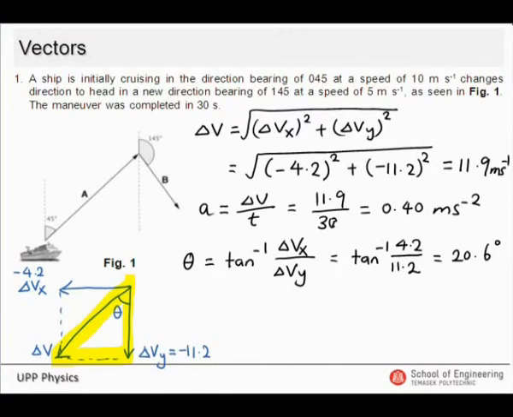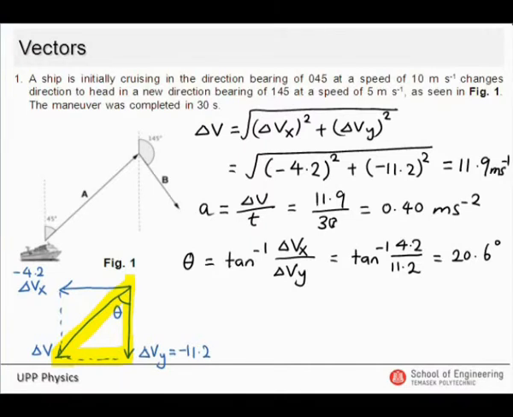Opposite over adjacent is equal to tangent theta. So 20.6. With this direction found, you can say that the acceleration is 0.40 meter per second squared at an angle 20.6 degrees to the vertical.